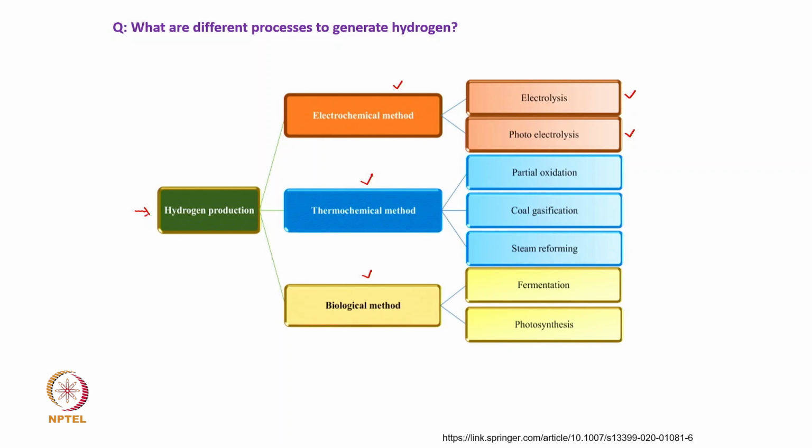Electrolysis is a process which all of us know how it works. When we have an electrolyzer, we have two electrodes, cathode and anode. We give electrical energy to the system, and then there is a charge movement in the electrolyzer.